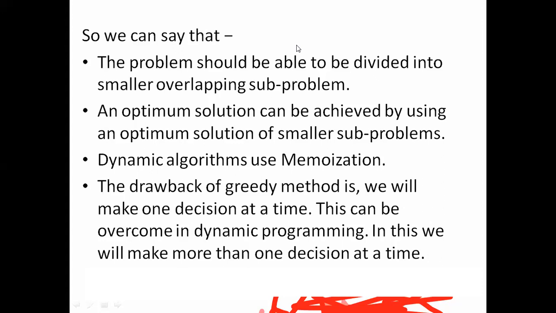To overcome this problem, we use dynamic programming. Here, we make more than one decision at a time. Suppose you start your journey from your home to college, and you have multiple ways.